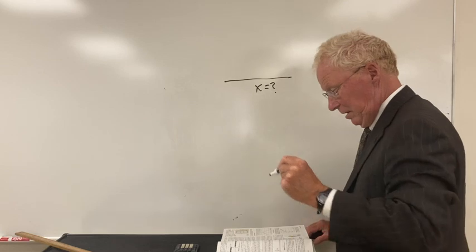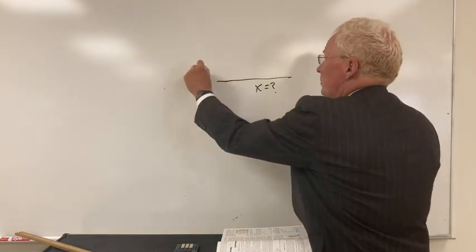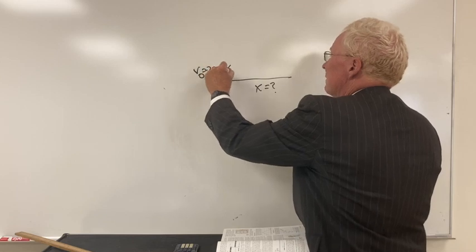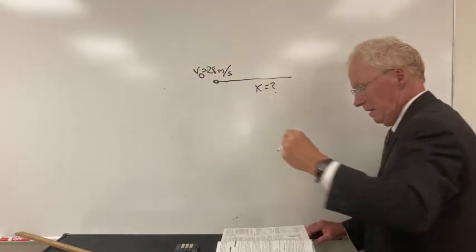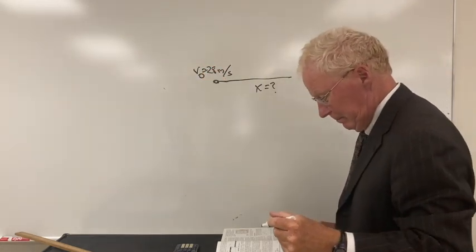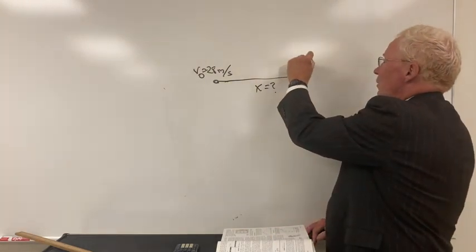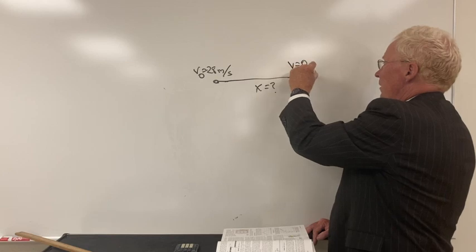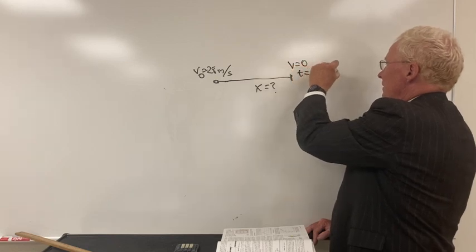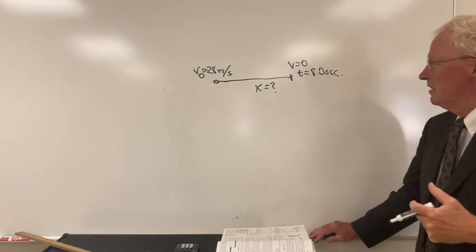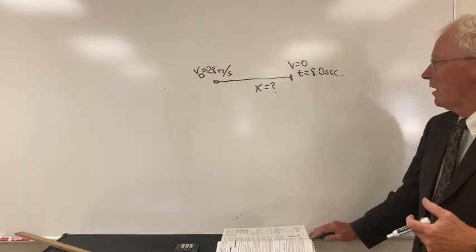It starts with initial velocity of 28 meters per second. It slows down to rest, so V is 0 with a time of 8.0 seconds. We're trying to find the distance that it travels.